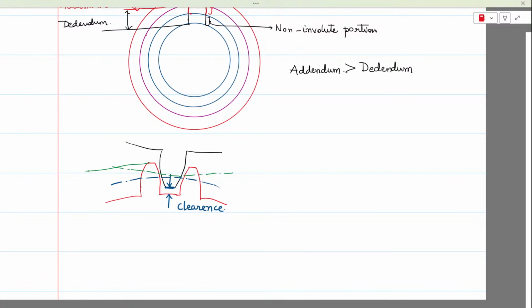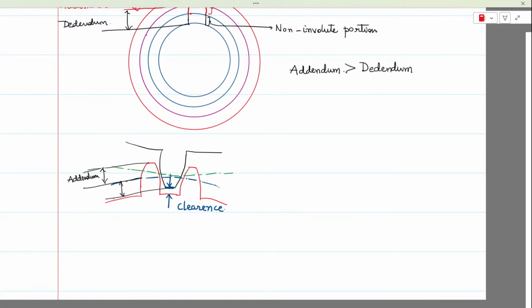So this is the addendum. Let me use a different color. This is the addendum of the red color gear, and this height is the addendum of the black color gear.